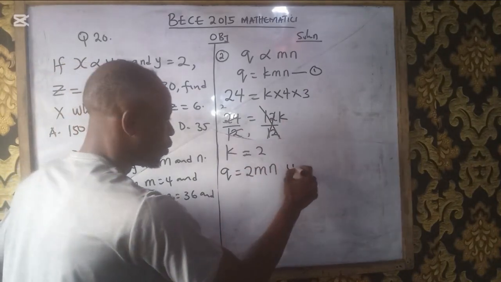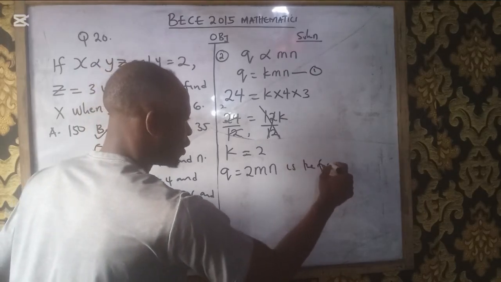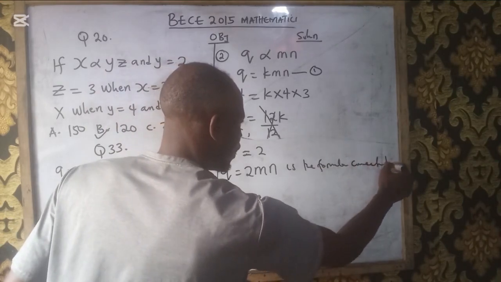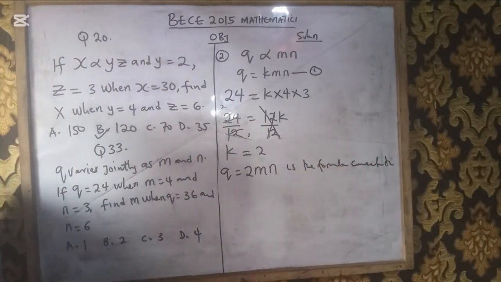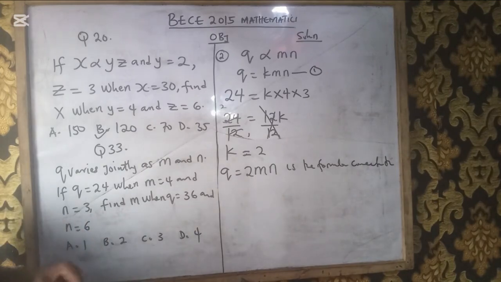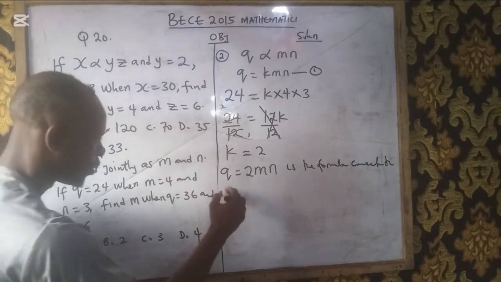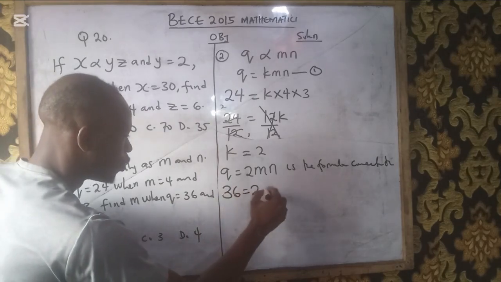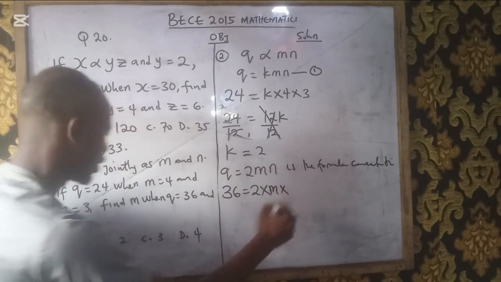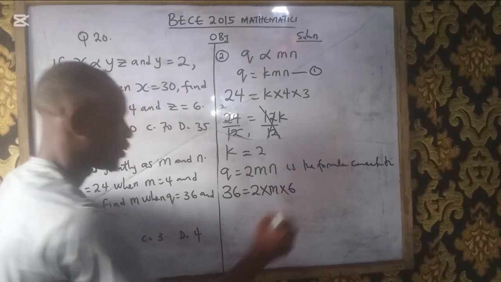This is called the formula, or relationship, connecting them, okay? What's the next thing we are supposed to do? Find M. So we are now looking for the value of M when Q is 36. So 36 equals 2 times M, the value we are looking for, times N, which is 6.